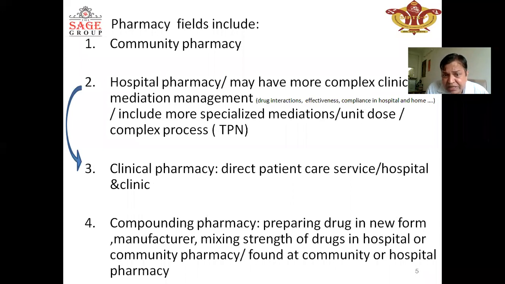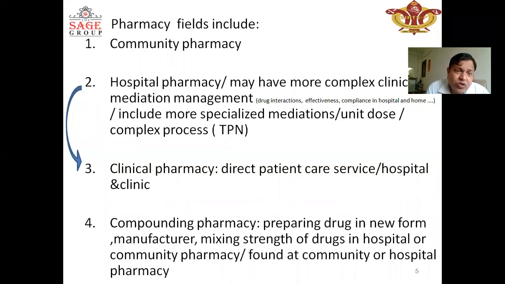Here we can see drug interaction, effectiveness, and compliance in a hospital, and patients include more specialized medication, unit dose, complex processes, etc. Earlier, in a previous chapter, we studied adverse drug reactions.